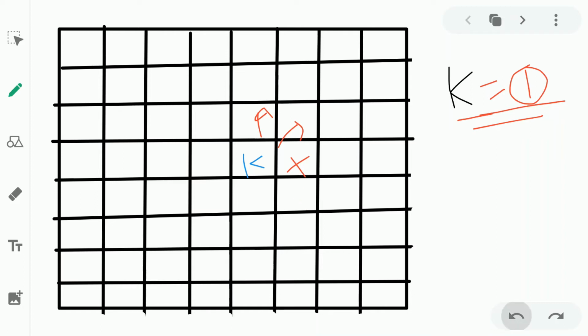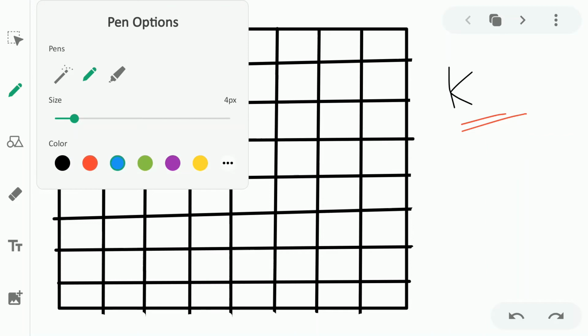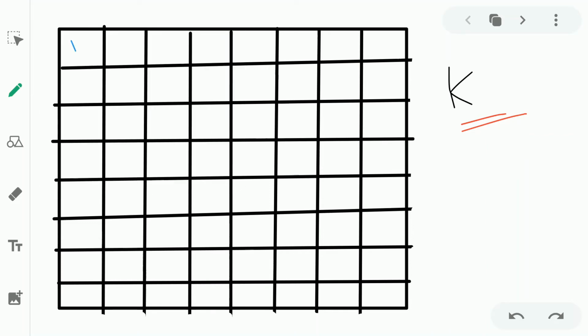Okay, so the question says that we have to place a king no matter where. We just have to make sure that it can only move up to k distinct cells. So let's say first we place the king in the 00 location, which is this cell. We first place the king over here. So this is the location of the king.